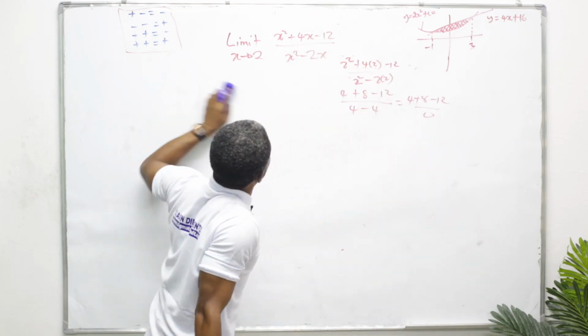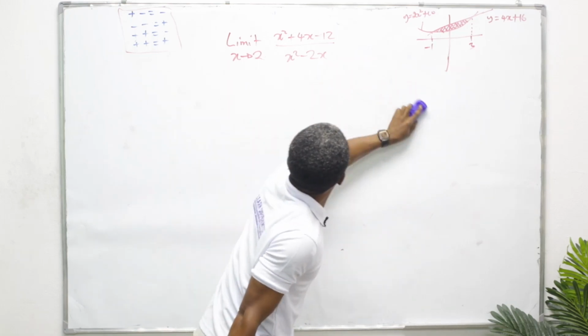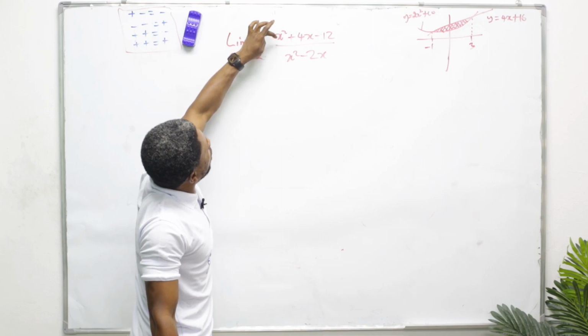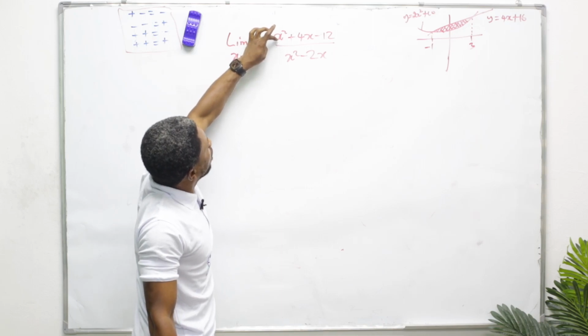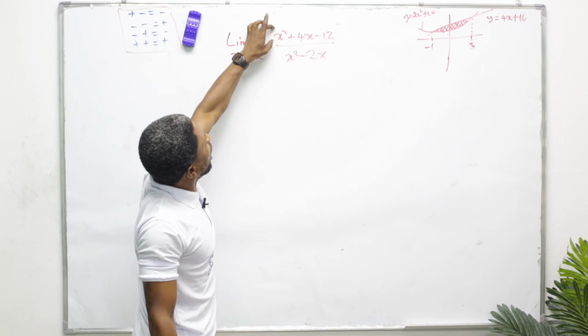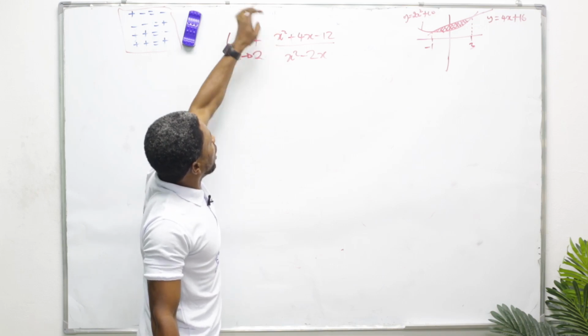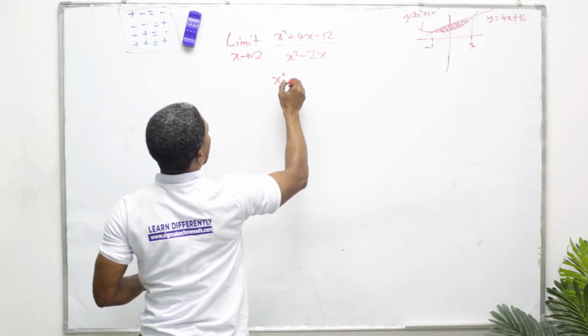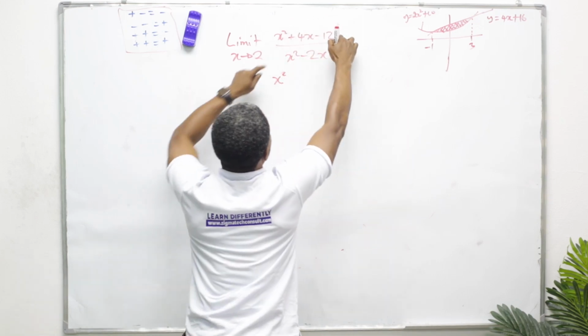So what you will do, first of all, check whether you can factorize the numerator and also factorize the denominator, and then have common terms which you can cancel. So now let's try. This is x squared plus 4x minus 12.